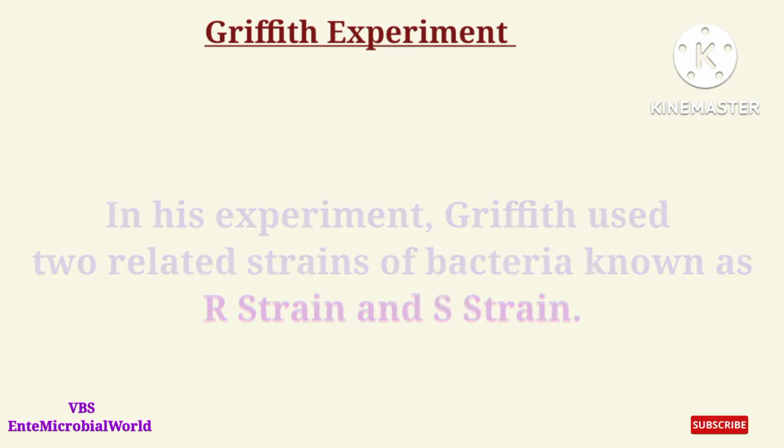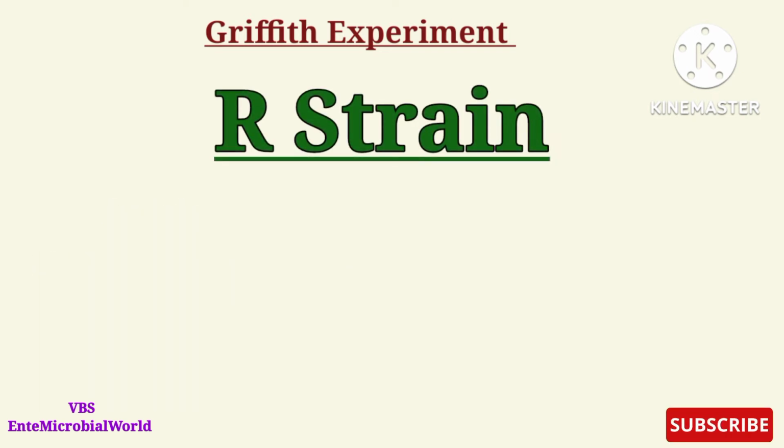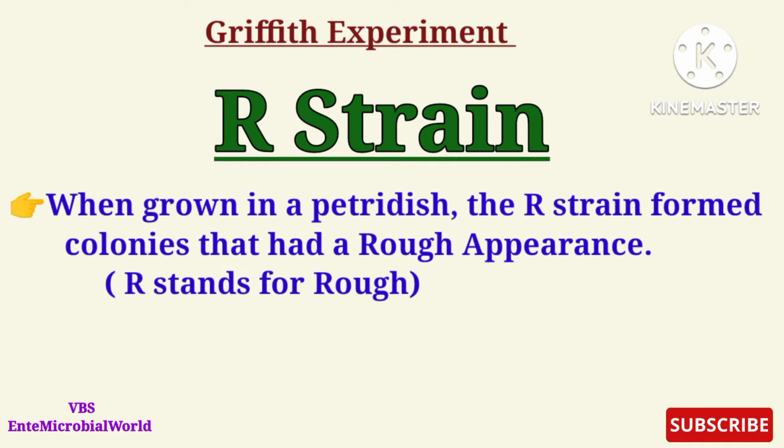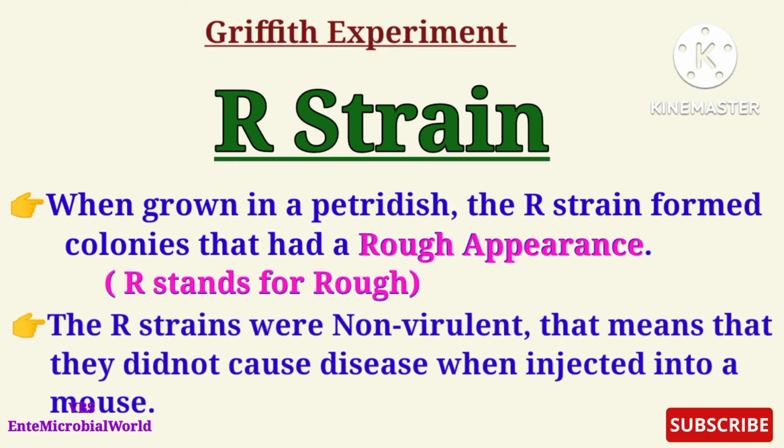Let's see what is R strain. When grown in a petri dish, the R strain formed colonies that had a rough appearance. R stands for rough. The R strains were non-virulent. That means they did not cause disease when injected into a mouse.